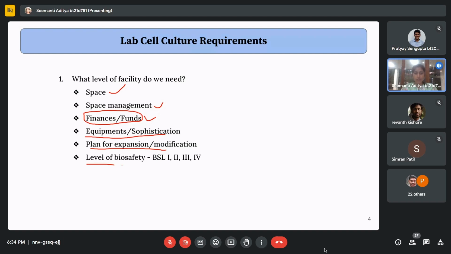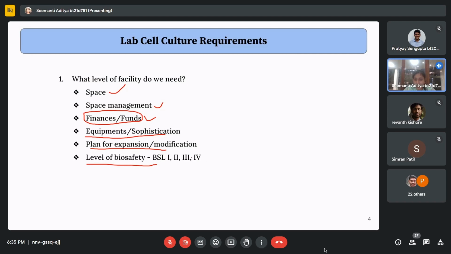Also, depending upon the level of biosafety, there are BSL 1, 2, 3, and 4 levels of biosafety, where BSL 1 is the lowest and BSL 4 is the highest and most advanced level. BSL 4 is generally required for very infectious agents like viruses, for example SARS-CoV-2 or Ebola virus.